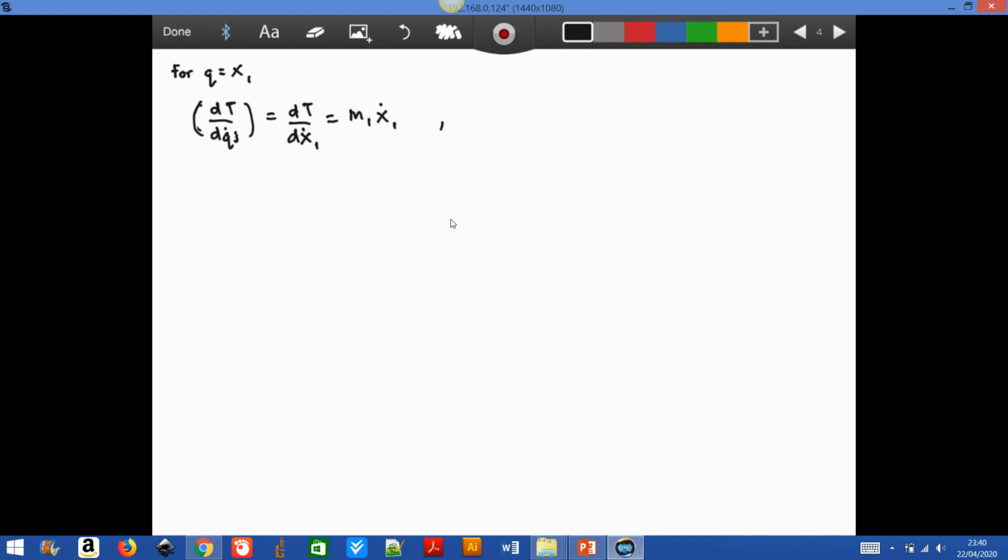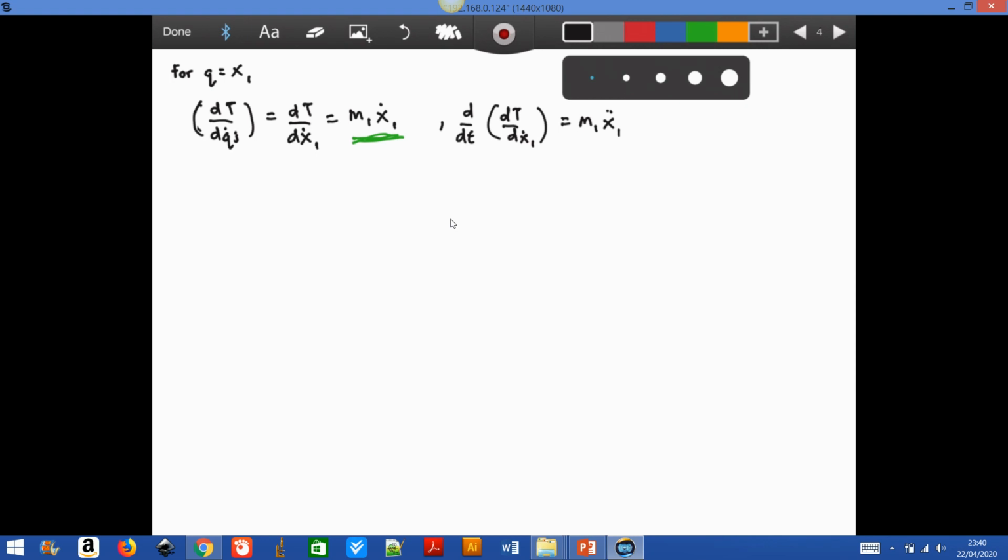So d over dt of dT over dx dot 1 is m1 x double dot 1, if you differentiate this towards time.